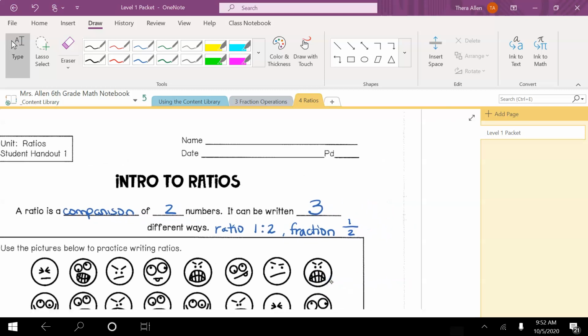And the last way you can write it is in word form. You can actually write 1 as a word or a number, but you use the word two. So 1 to 2. Those are the three different ways that you can write a ratio.